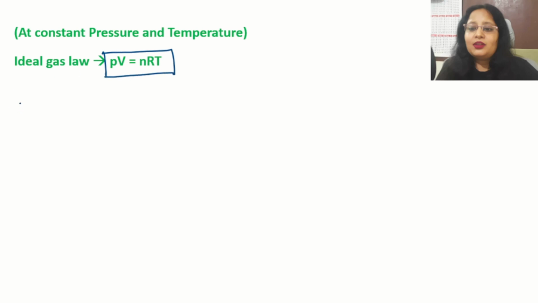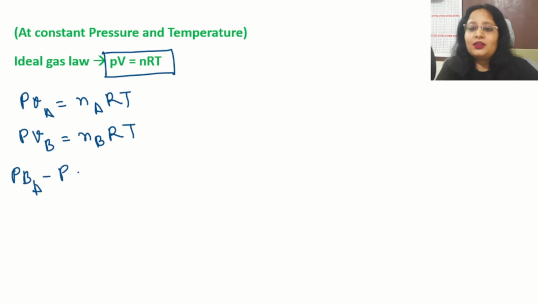So let's put the values here. For reactants we can write PVA is equal to nART. For the product part, we can write PVB is equal to nBRT.